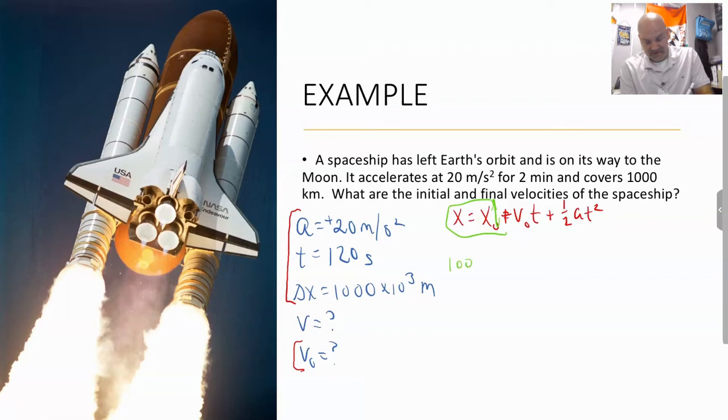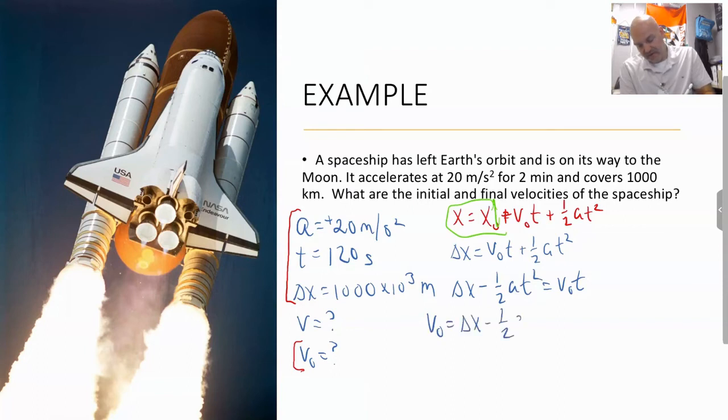Let's solve it first for what we're looking for. So we'd have delta x equals v0 t plus 1/2 a t squared. We subtract over the 1/2 a t squared and then divide the whole thing by t. So our initial velocity is given by delta x minus 1/2 a t squared, divided by t.